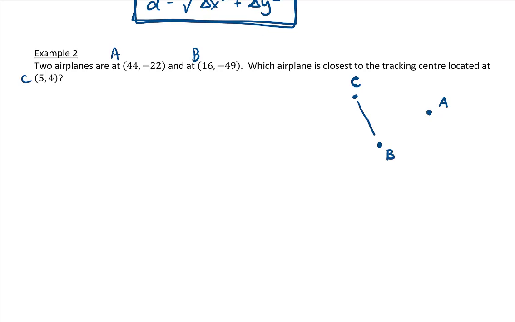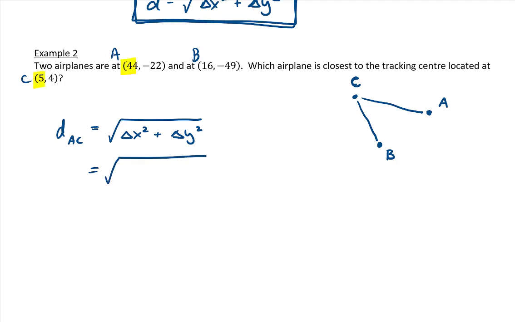And we want to find the distance from C to B and C to A, and we're going to try to find the distance. So let's find the distance from A to C. So I'm going to use a little notation here, say D, A to C. And now we know the distance formula is the square root of delta x squared plus delta y squared. Remember, delta x is the change in x's.